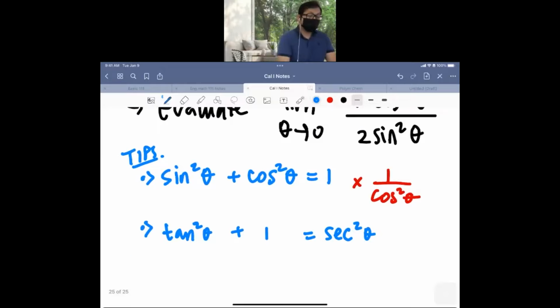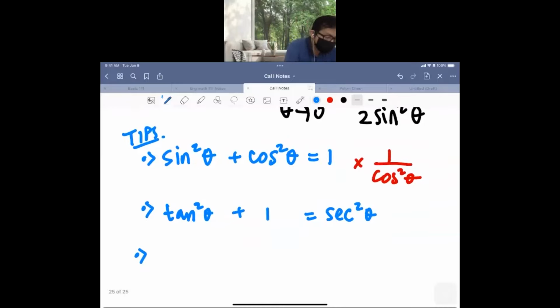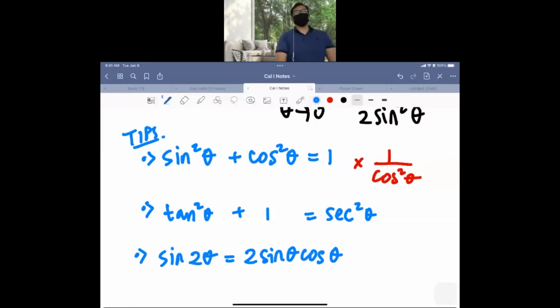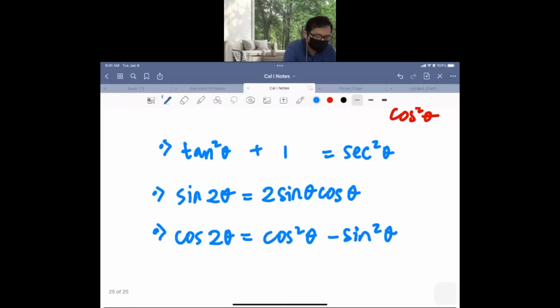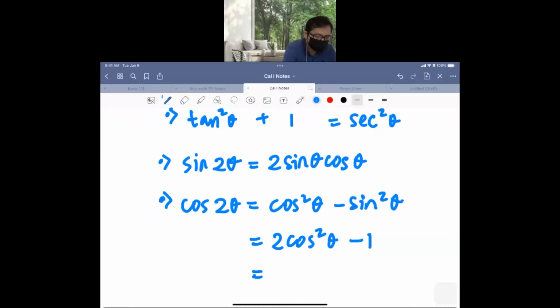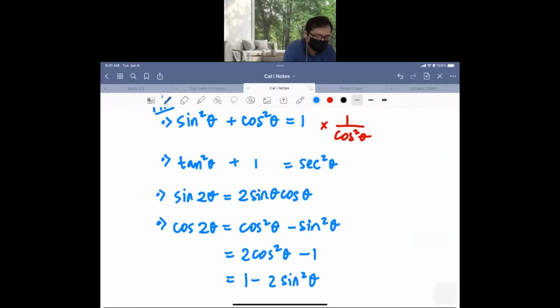The other formulations from trigonometry that might be helpful are the double angle formulas. Okay, another one is... I think these four.